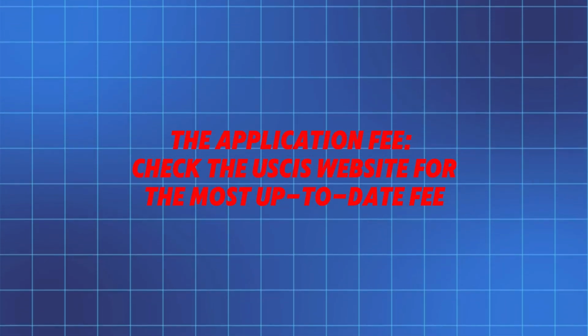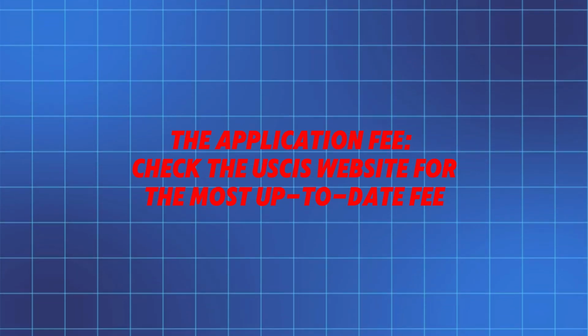Make sure you check the USCIS website for the most up-to-date fee. Please check the I-131 instruction PDF for more information regarding different documents you need to add to your form. If some of those documents are not in English, make sure you translate them.